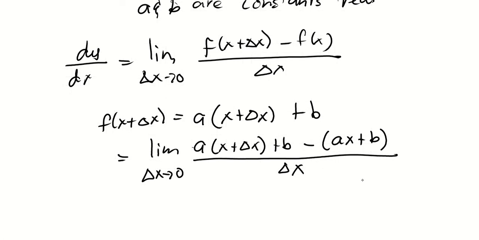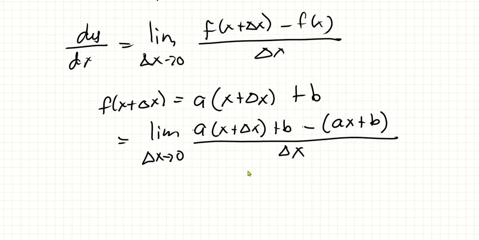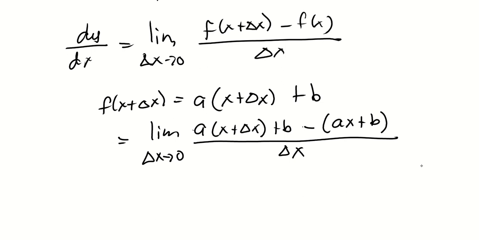So take note, I put a quantity here because the negative here, the minus, applies to the whole function. So we need to distribute the negative to whatever is inside the quantity. Sometimes students forget to put the quantity and it will become minus ax plus b, which is wrong. It should be minus ax minus b.